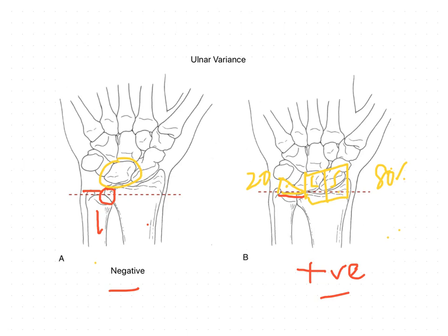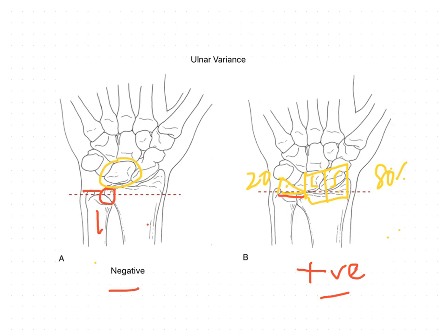Finally, we can explain this wrist joint or radiocarpal joint as a synovial joint of the ellipsoid variety formed between the distal aspect of the radius and the articular disc proximally and the proximal row of carpal bones on the distal aspect.